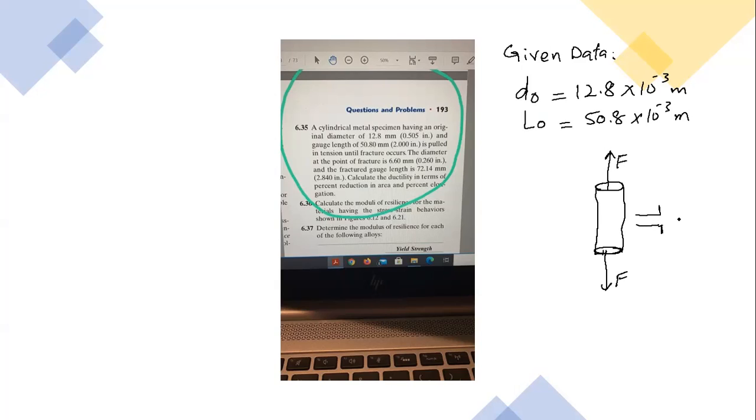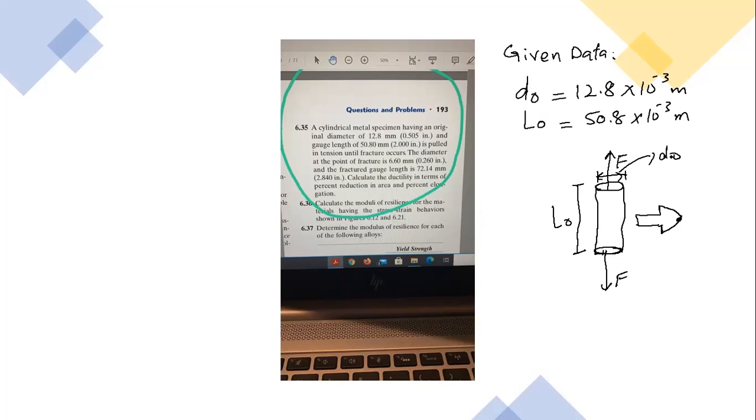It will elongate. So this is the initial length, and this is the initial diameter, D naught, right?